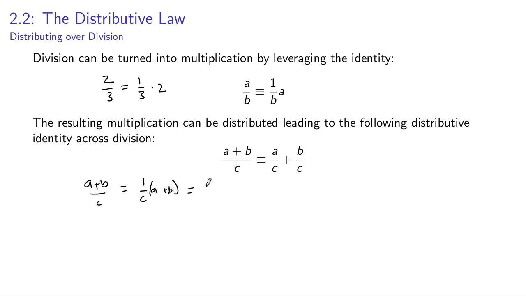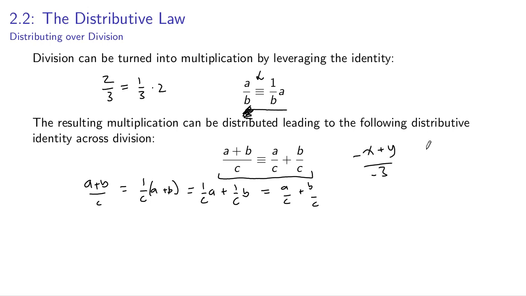Using the distributive law, 1 over c times a plus 1 over c times b, and then using this identity this way, which you might say is backwards, but remember this is if and only if. It's equivalence. Doesn't matter which way we go. We would get a over c plus b over c, which is what we have written here. Let's do an example. Example 5. Show negative x plus y over negative 3 is equivalent to x over 3 minus y over 3.